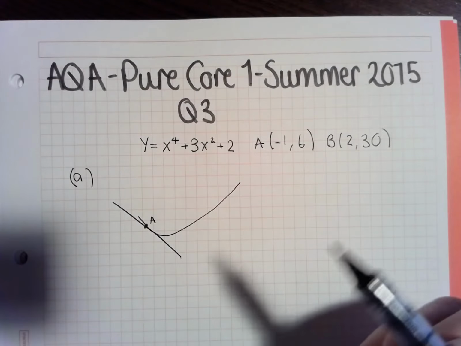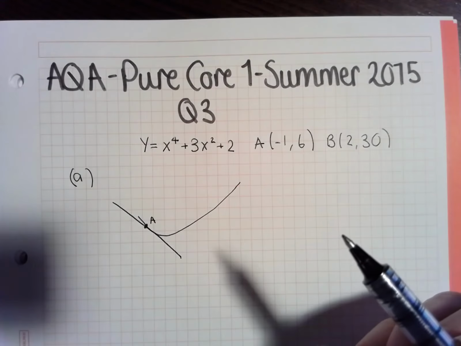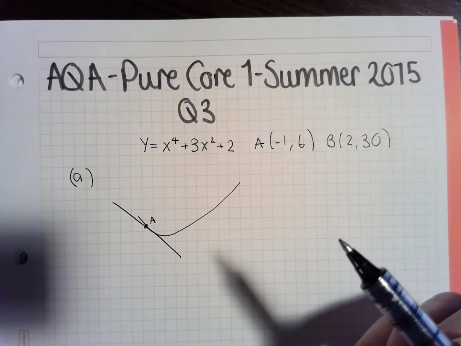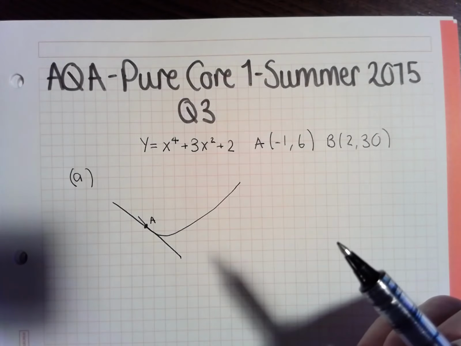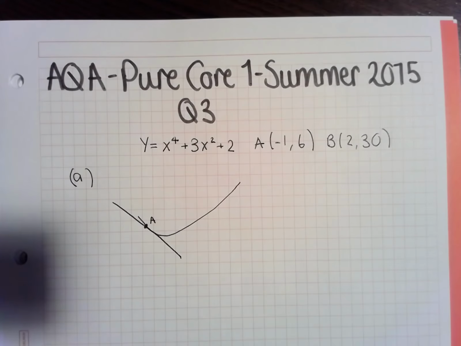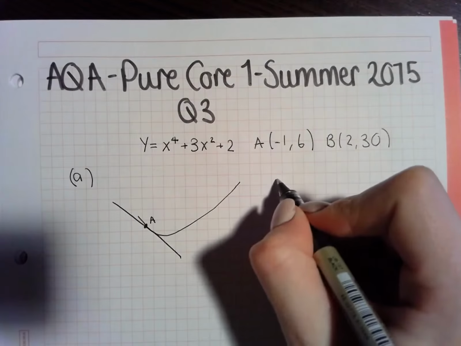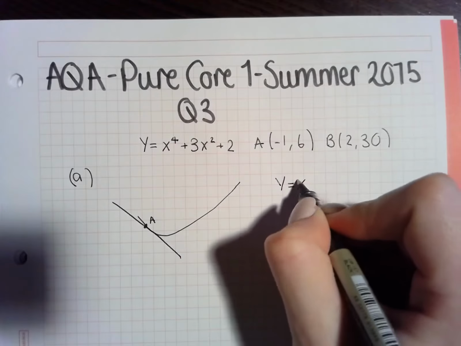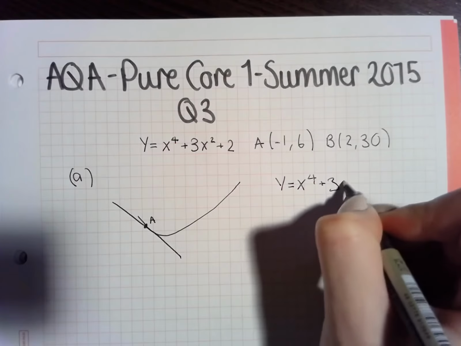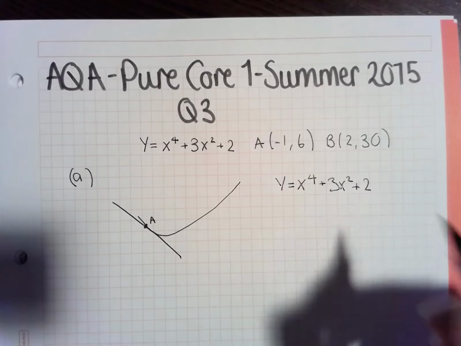So it's the equivalent of saying the gradient. We work the gradient out at point A by differentiating. So we want to differentiate y equals x to the 4 plus 3x squared plus 2.